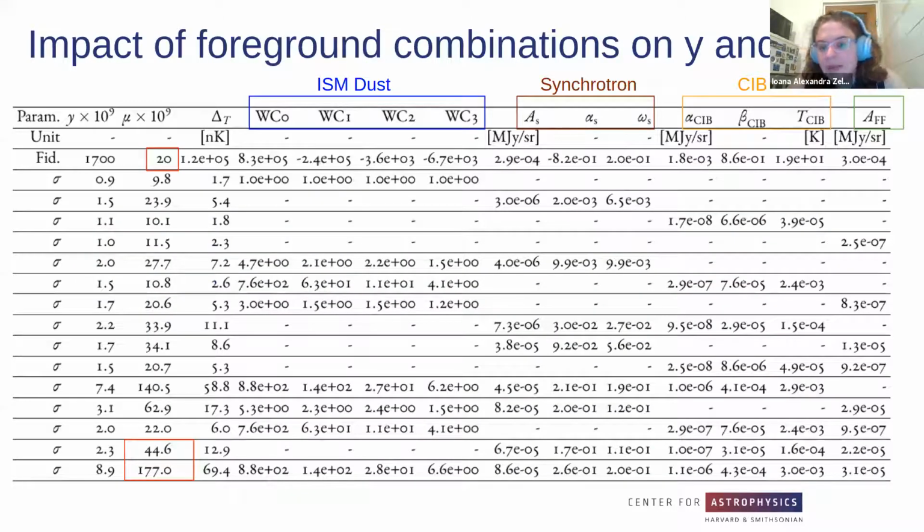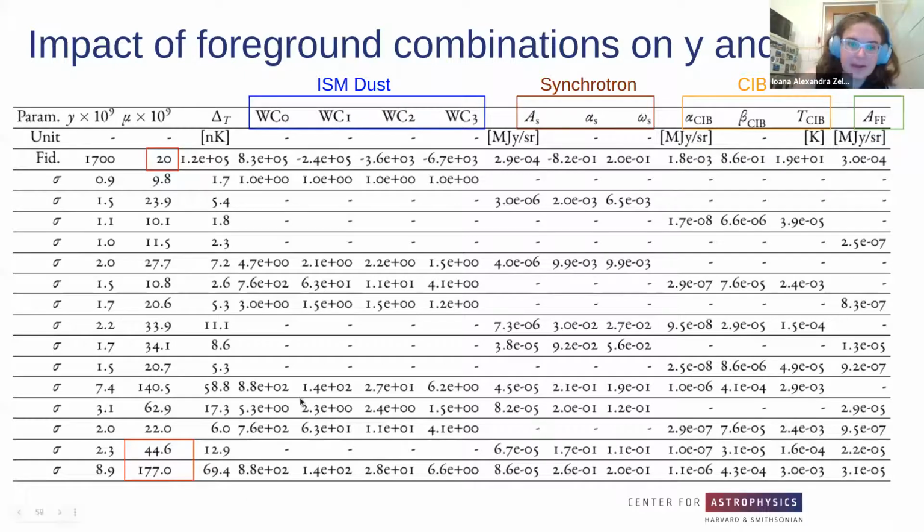And I also looked at combinations of the other foregrounds, and by turning them up or down, we could see which one of them causes the most impact, and it was the synchrotron that has the most impact on the measurement. But the bad news is that if we model all of these foregrounds without any information from other satellites, it's not enough.